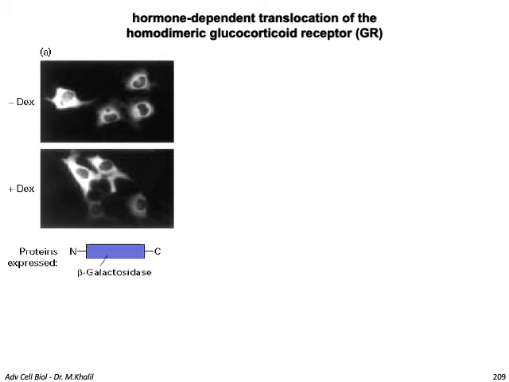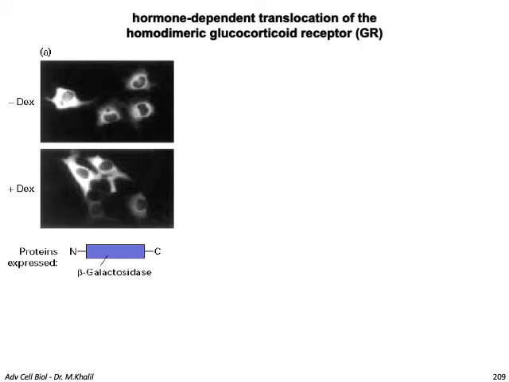In the first figure, the top one shows cells not treated with DEX, and the second one is cells treated with DEX. DEX is a signal, actually the ligand. So the second cell is treated with the ligand, which represents the glucocorticoid, while the top one is not treated.